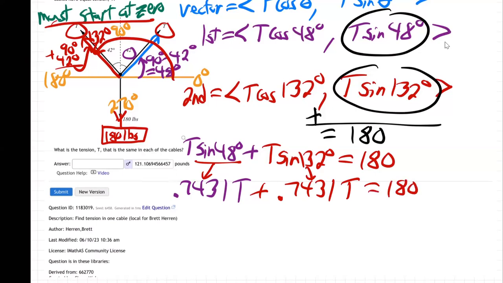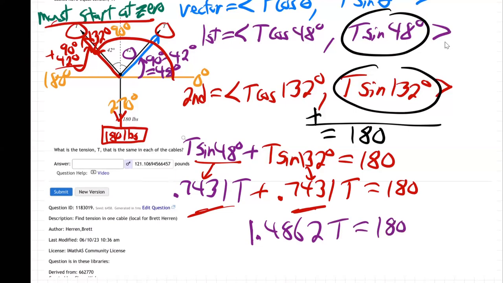I guess that makes sense. They're symmetric, so they're both pulling up the same amount. So if you add this and this on the calculator, you get 1.4862 T equals 180.